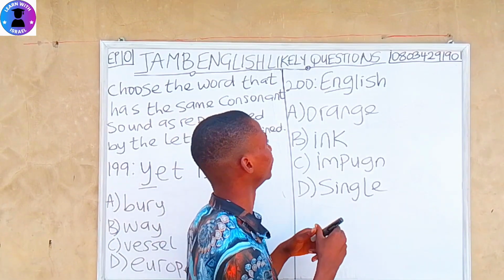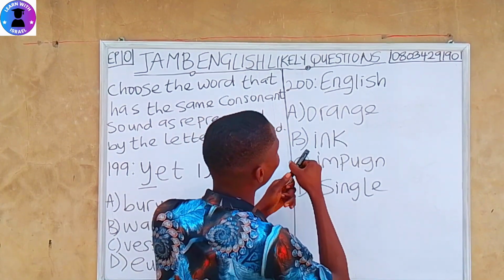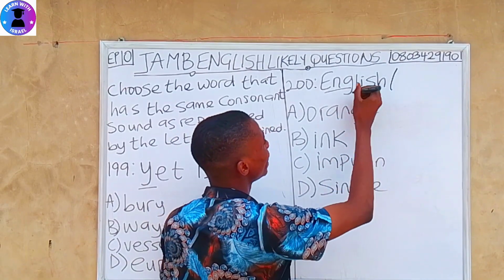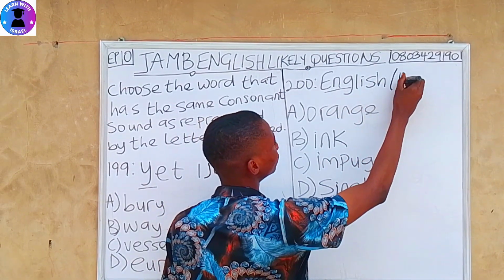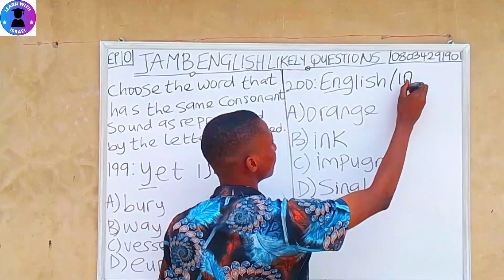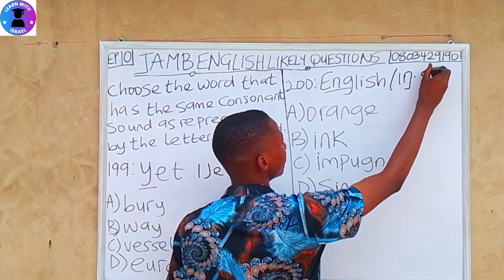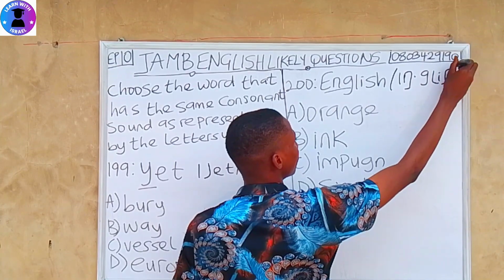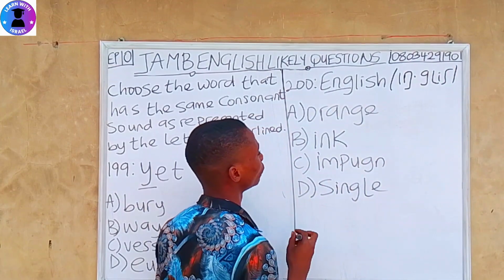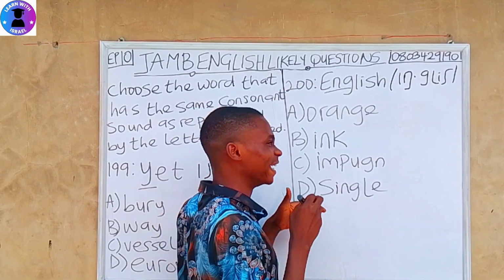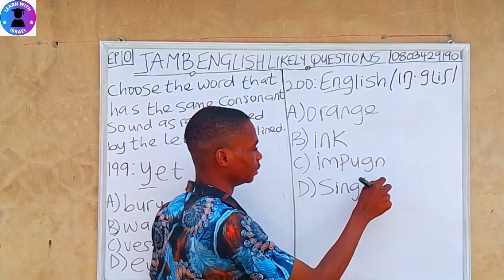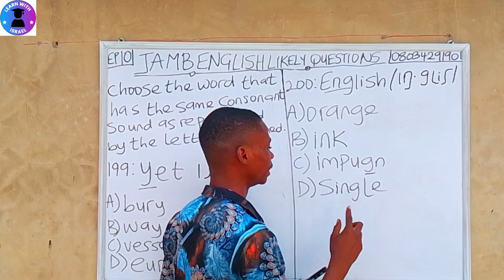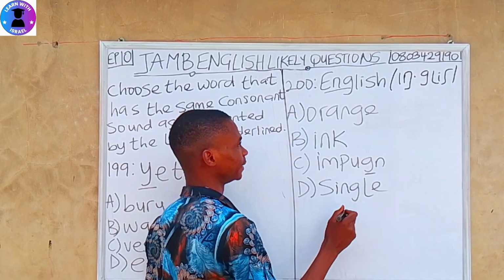Question 200. English. So let me write the vowel sound. English. We have orange. In pun, this G is silent.